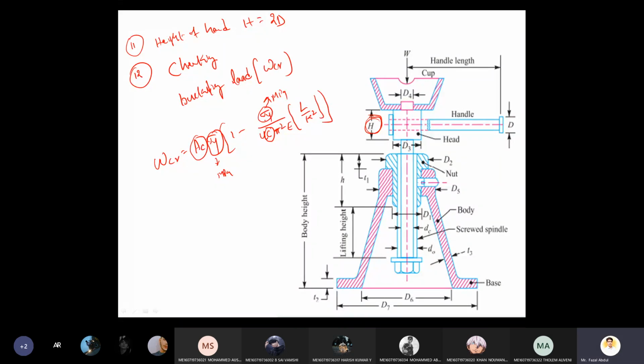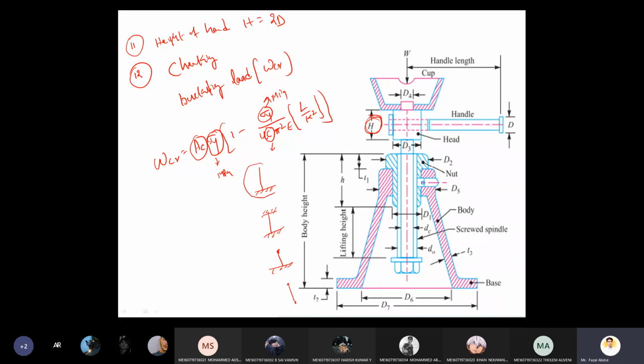In columns and struts we have four different end conditions: both ends fixed, one end fixed and another free, one end fixed and another hinged, and both ends hinged. Now in this case we are considering one end fixed and one end free.